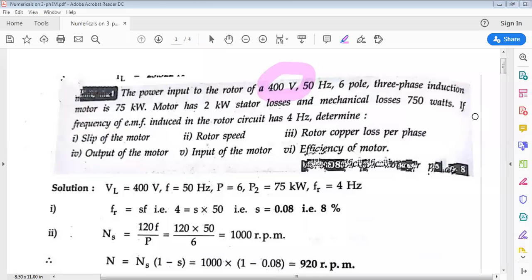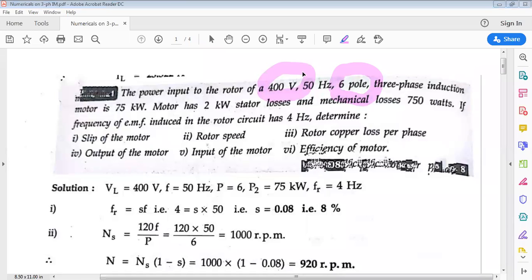Okay. Then how many poles are there? 6 poles. These poles given to you are on stator or rotor? Stator. Okay.